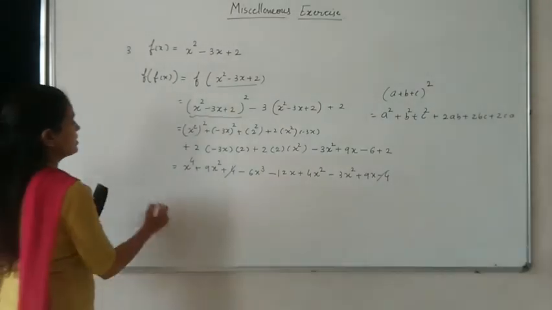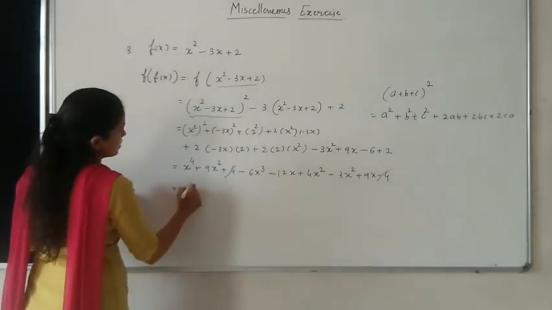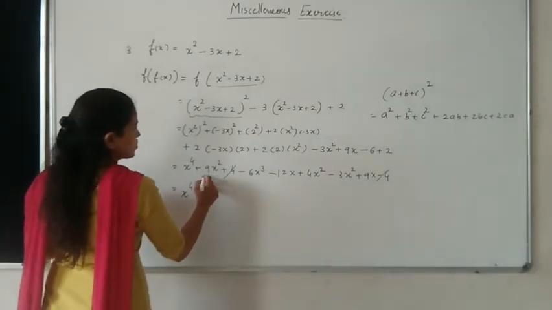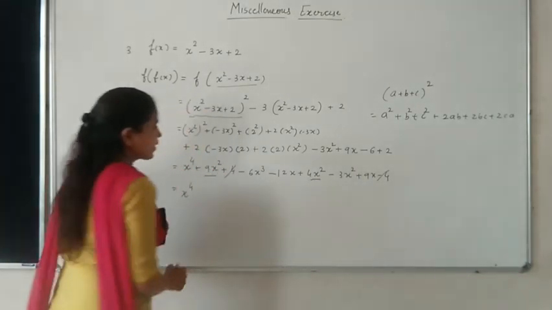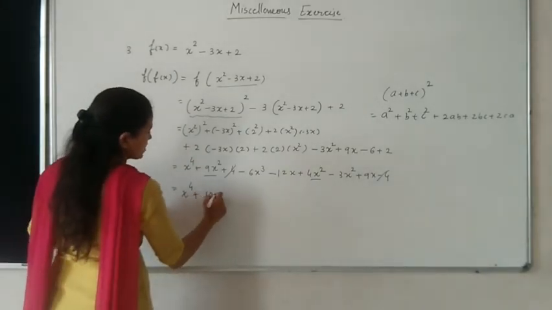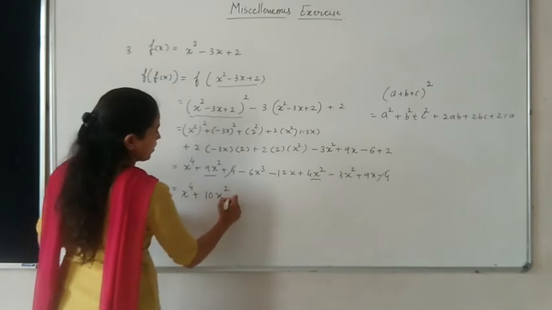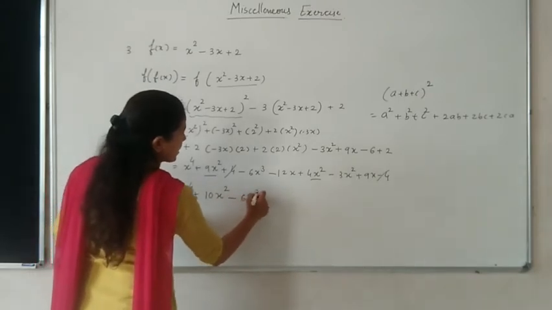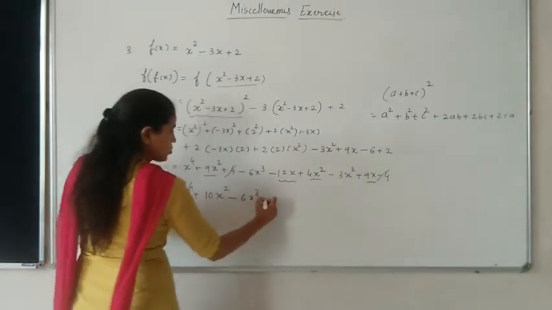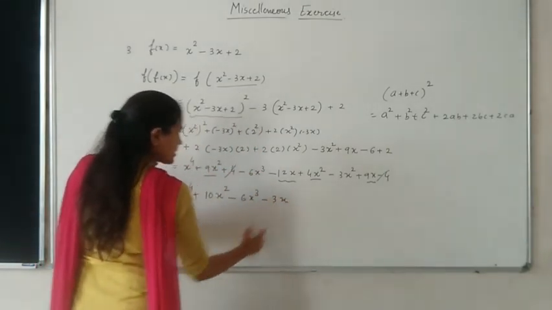Now students, you can see the terms. This is x raised to 4. Now how many x square terms? 9x square and 4x square make 13, minus 3, so 10. So plus 10x square, minus 6x cube, and the x terms give minus 3x.